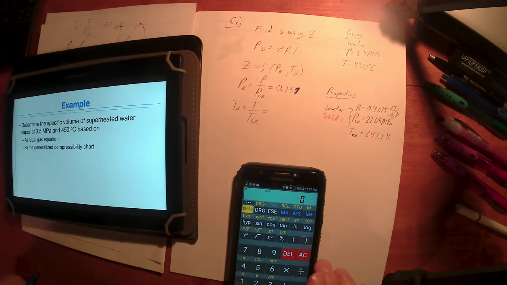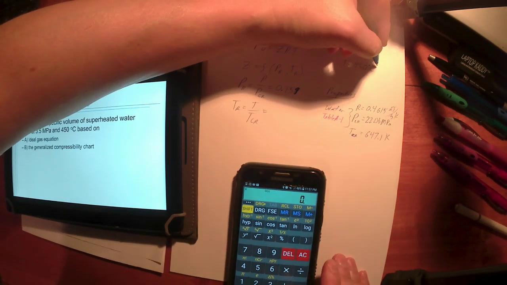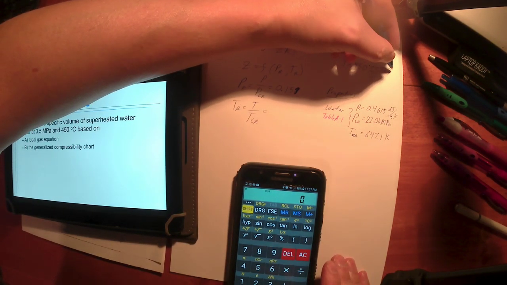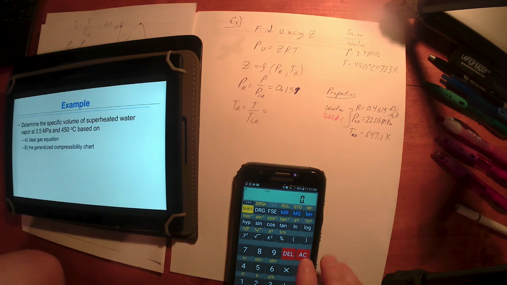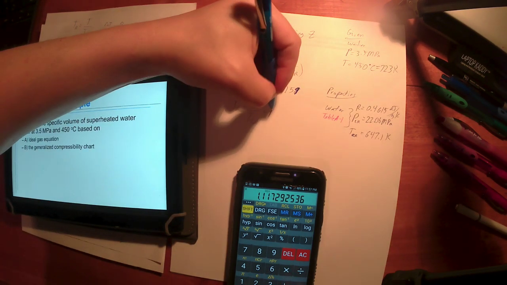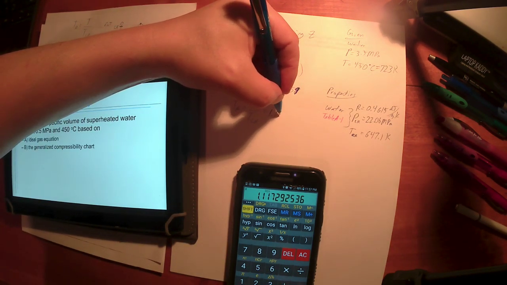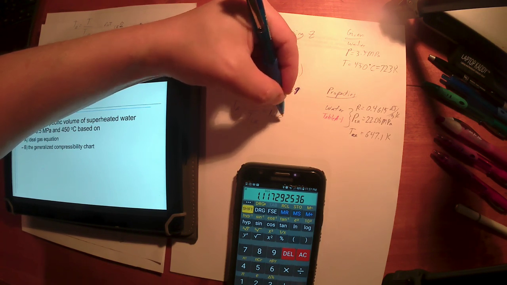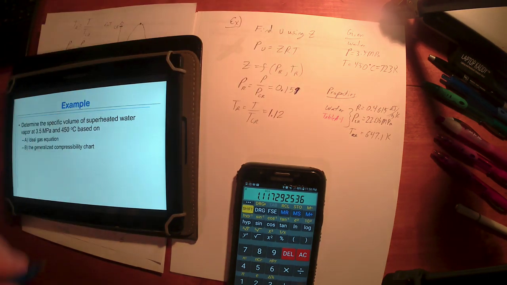Okay, that's my reduced pressure. My reduced temperature, again, we said that this is 723 Kelvin, divided by 647.1. It's about 1.12, give or take, my reduced temperature.